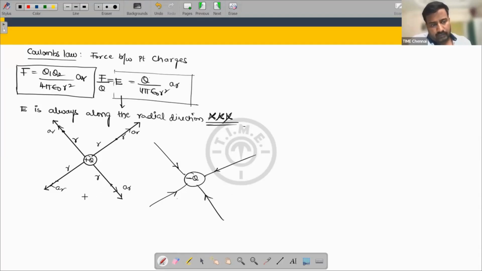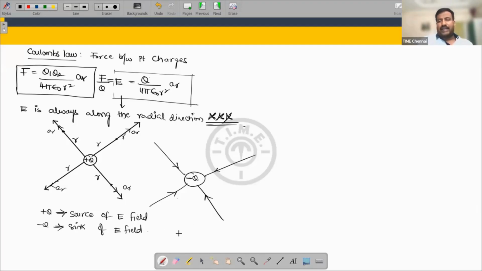Indicating that a positive charge acts as source of electric field and the negative charge acts as sink of electric field.